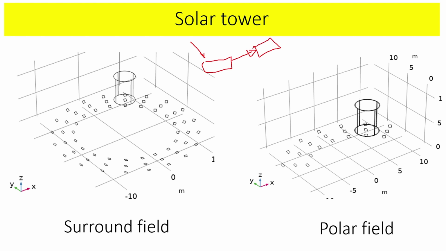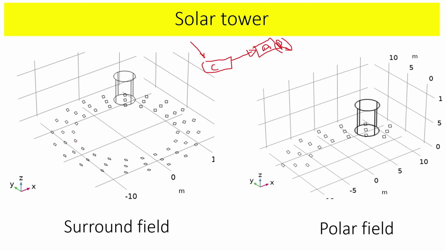These are two important components: collector and absorber. The absorber we also call the receiver, absorber or receiver. Okay, so sunlight falls on the collector, gets reflected or focused by the collector to the receiver, and the receiver produces the desired heat.